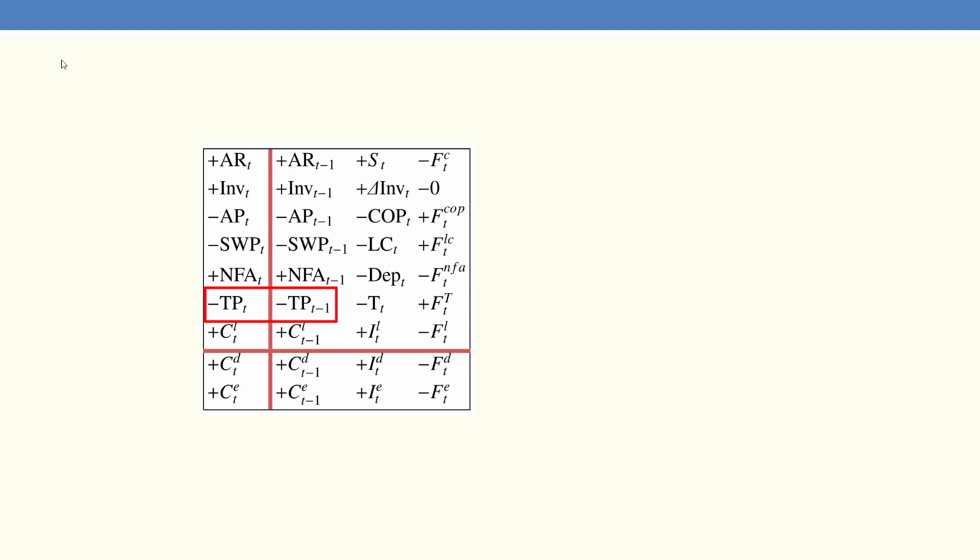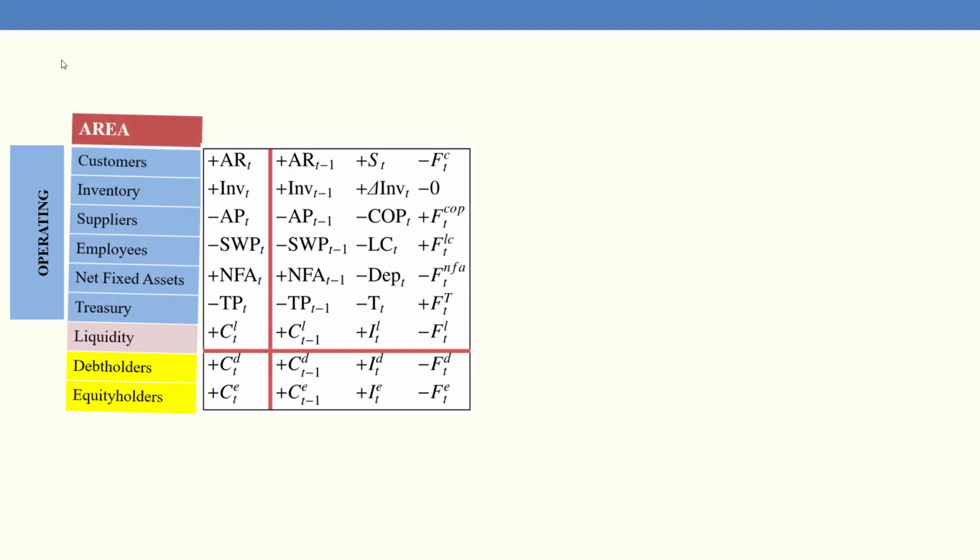The dimension increases, but the level of complexity does not, because all the classes fulfill the same law of motion, and the law of conservation keeps on holding. The first 6 rows pertain to the operating area and refer to the relationships of the firm with the customers, with the suppliers, with the employees, with the treasury.